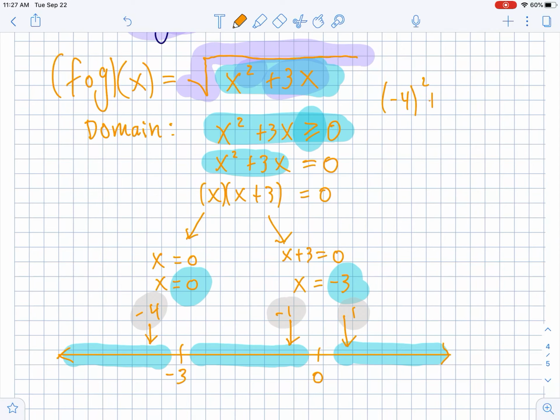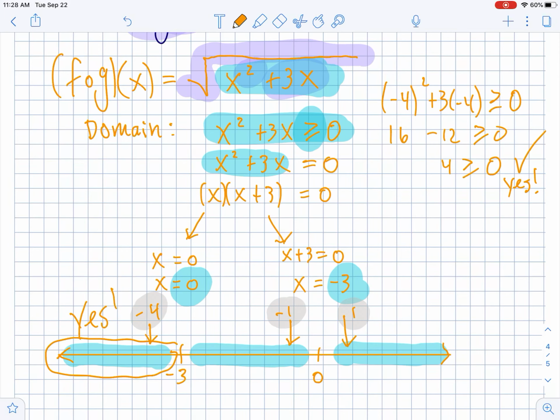Negative 4 squared plus 3 times negative 4 is greater than or equal to 0. This becomes 16 minus 12, so 4 is greater than or equal to 0. Is that true? Yes, 4 is greater than or equal to 0. So this is a check. Yes, it worked. So I know that this zone right here is part of the answer.